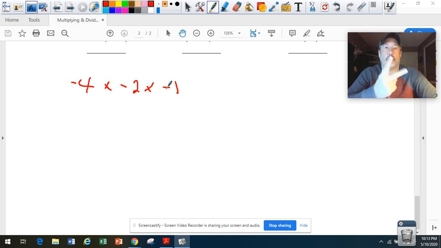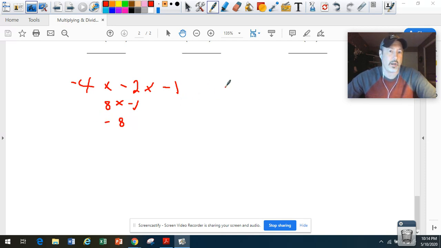It deals with two numbers. This has 3. So take it piece by piece. -4 times -2 is +8, times -1. The answer is -8.